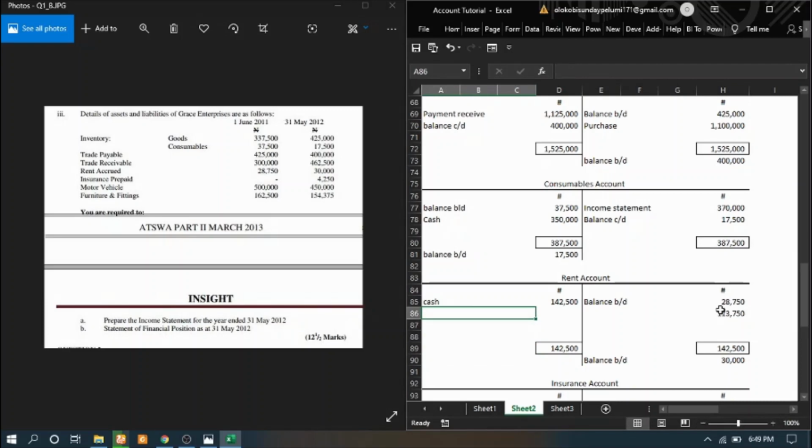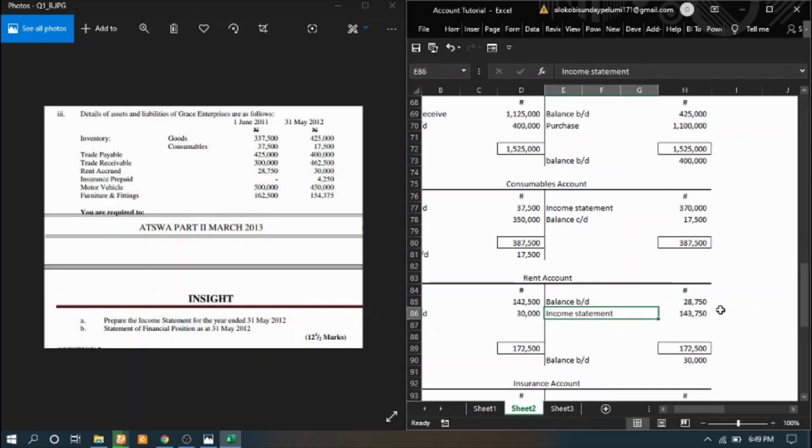So we have calculated the amount that will be charged to the income statement as rent during the period.